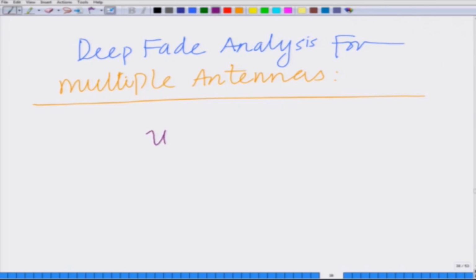We have seen that in a multiple antenna system my received signal is y bar equals h bar x plus n bar.